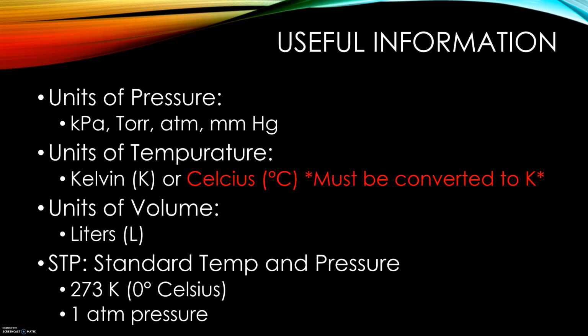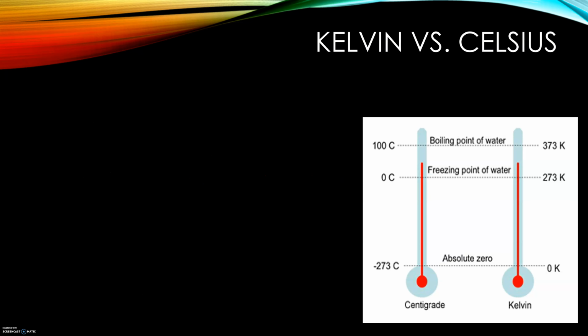Let's go a little bit more and explain the temperature scale, because Kelvin may not be too familiar for some of you. So, Kelvin versus Celsius. The Kelvin scale ultimately comes from what we call absolute zero temperature.